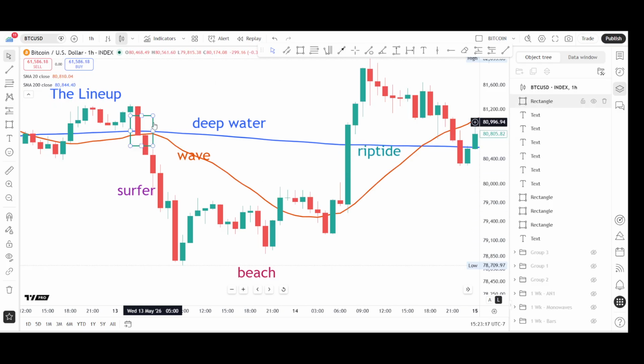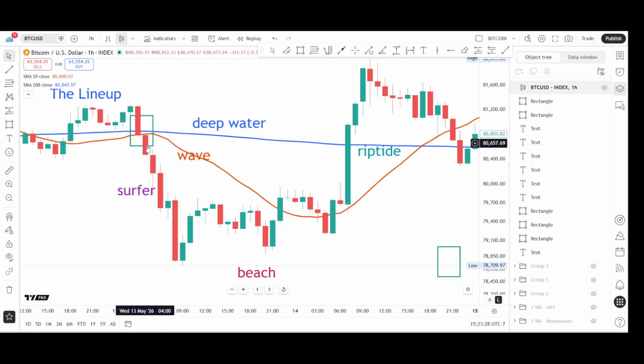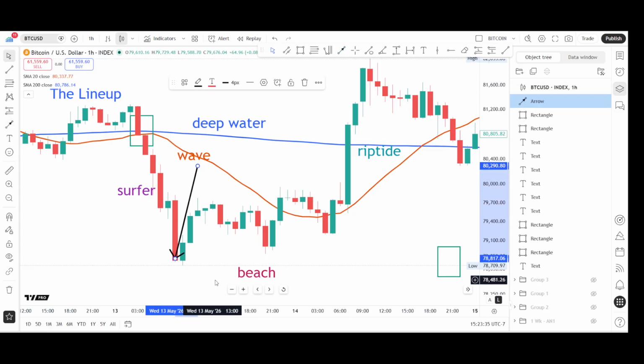So let's bring our little box over here, and I'm going to walk you through it. Again, we're going to go through this in more detail in step 3, but I just want to walk you through it. The market came down. It was away from the 20. Look how far away from the 20 it is.